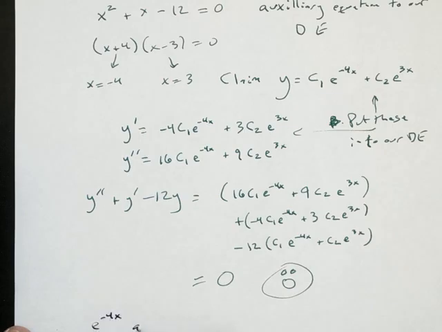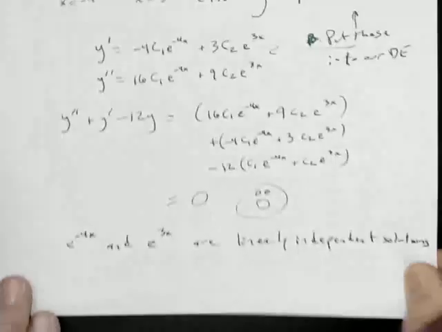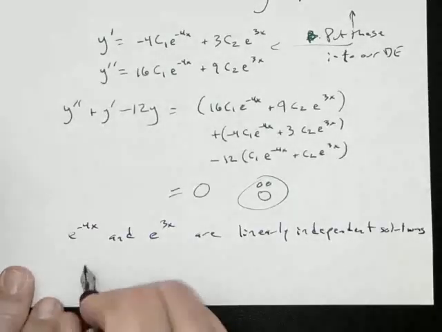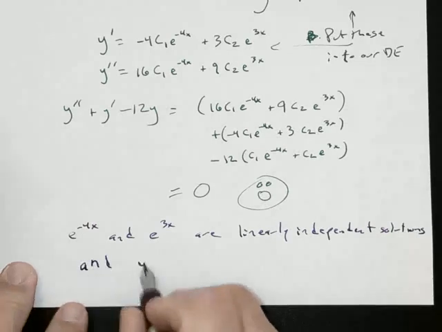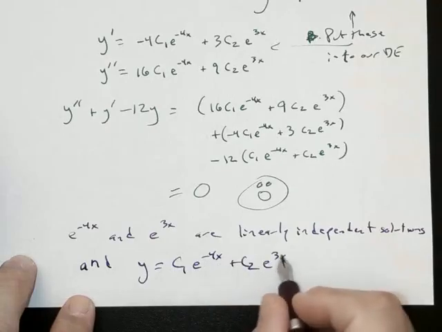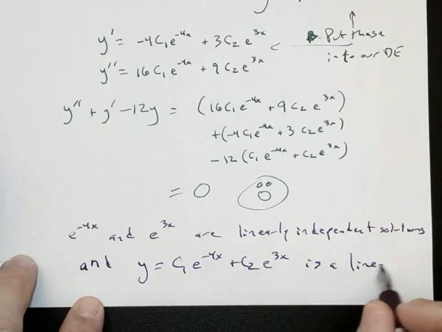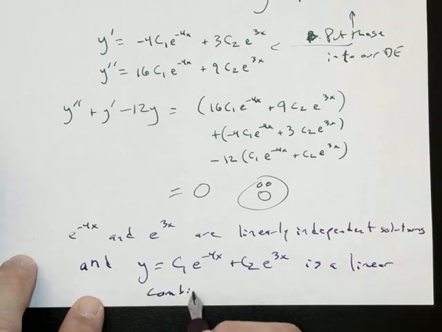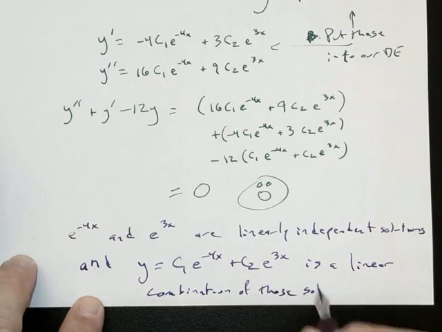Our e to the minus 4x and e to the 3x are linearly independent solutions. And y equals c1 e to the minus 4x plus c2 e to the 3x is a linear combination of those solutions.